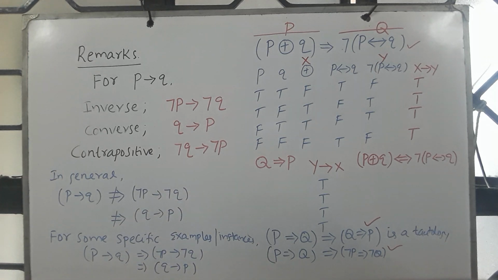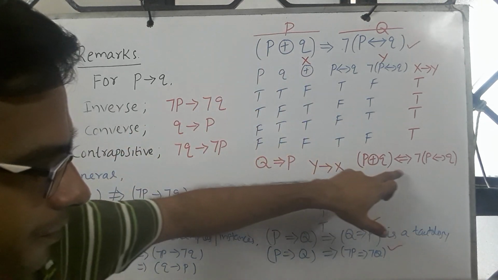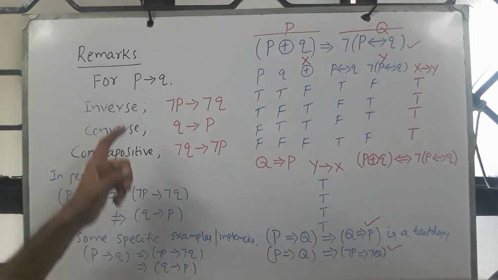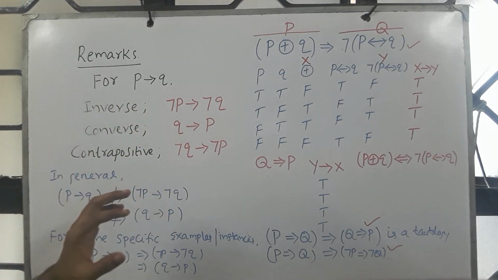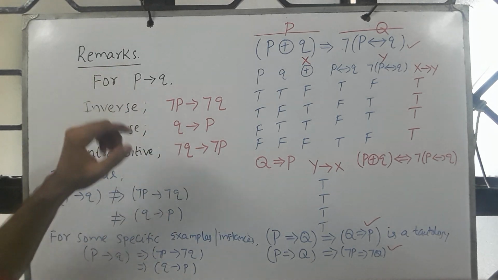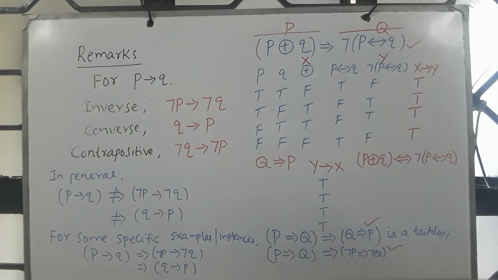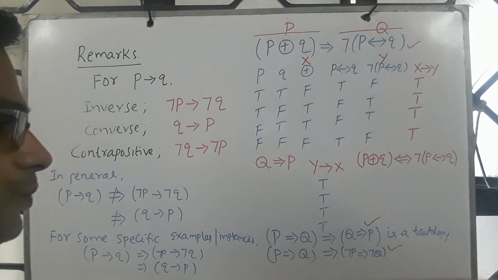And one can also look at logical expressions which are not of this type, meaning they are not logically equivalent, but still P implies Q implies inverse for some specific P and Q. Similarly, P implies Q implies Q implies P for some specific P and Q. For arbitrary P and Q, it is not true.